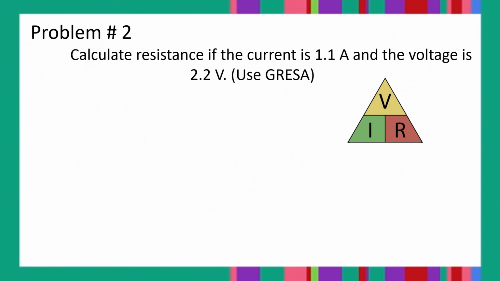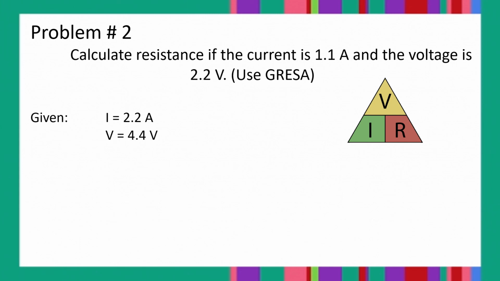Calculate the resistance if the current is 2.2 amperes and the voltage is 4.4 volts. Again, I'm giving you a minute to solve problem number 2 using GRESA. So let us check.